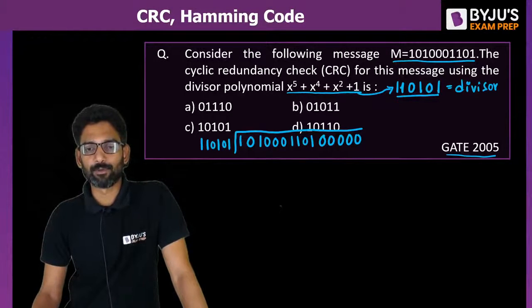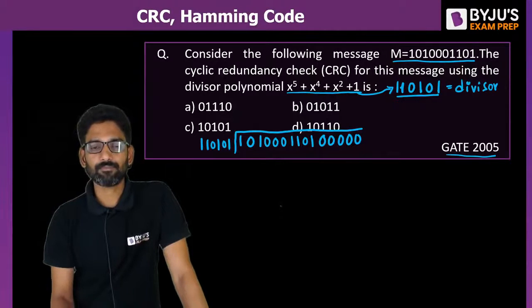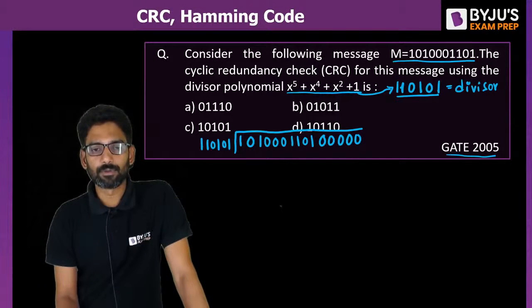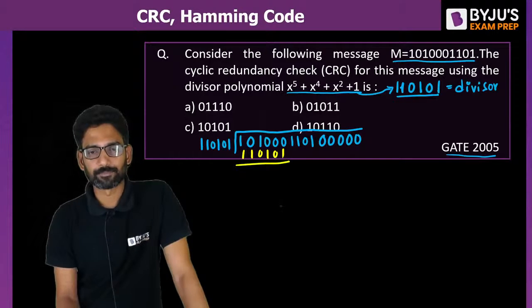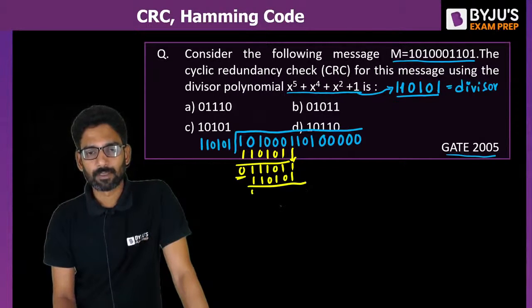Whenever we do division, how do we do it? Repetitive XOR with 1 1 0 1 0 1. It is 0 1 1 1 0 1. Shift this one bit and borrow. Again 1 1 0 1 0 1. 0 0 1 1 1 0.